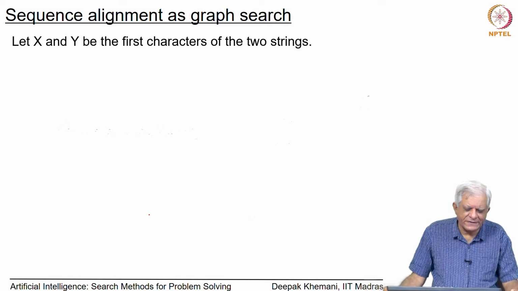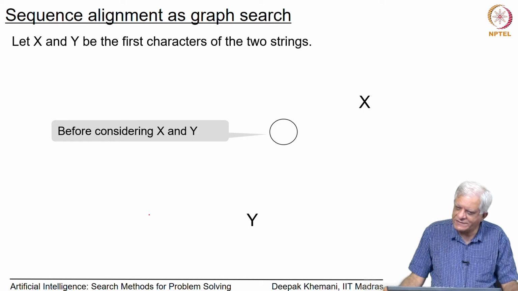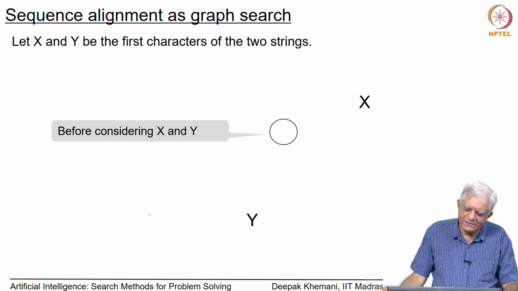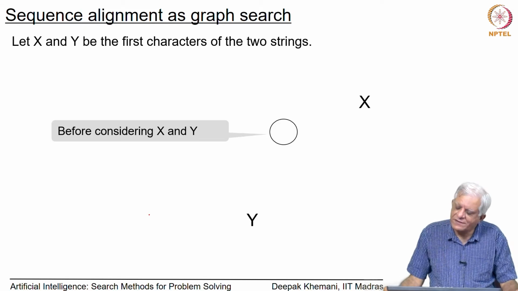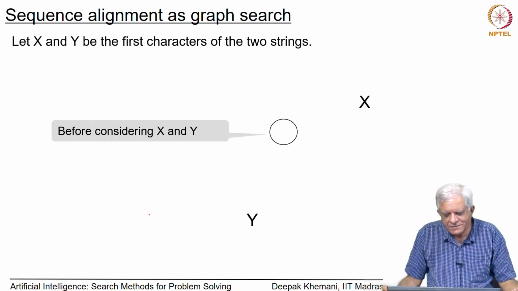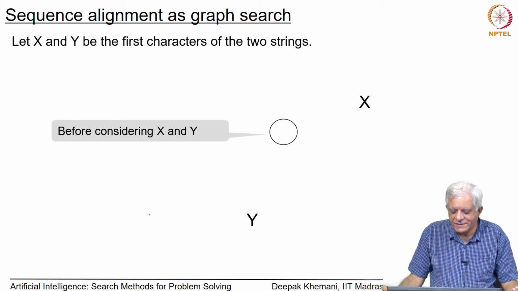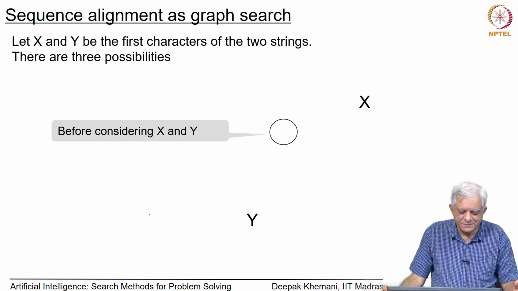So, let X and Y be the first characters of the 2 strings, and this state, this circle that we have drawn, represents the state when you are about to start the alignment process, and what you are looking at are these 2 characters X and Y, and you want to model the problem to capture the fact that you can do one of these 3 possible things. Either you can align X with Y, or you can insert a gap before X, or you can insert a gap before Y.